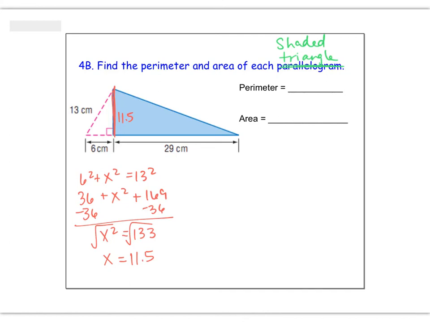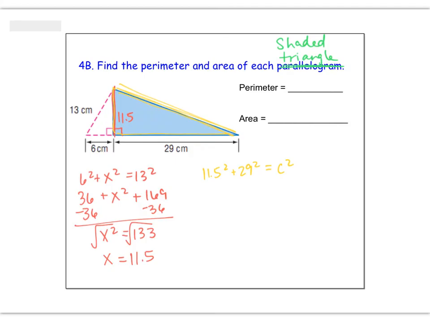Now we can do the Pythagorean theorem a second time, and we will now try to find this side. So we're going to use this blue triangle to do that. We're going to do 11.5 squared plus 29 squared equals c squared, or whatever you want to call that third side.